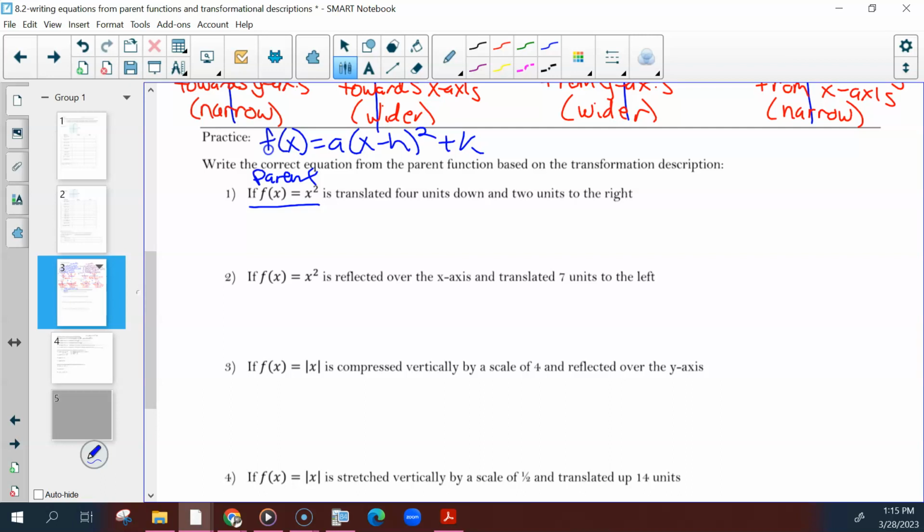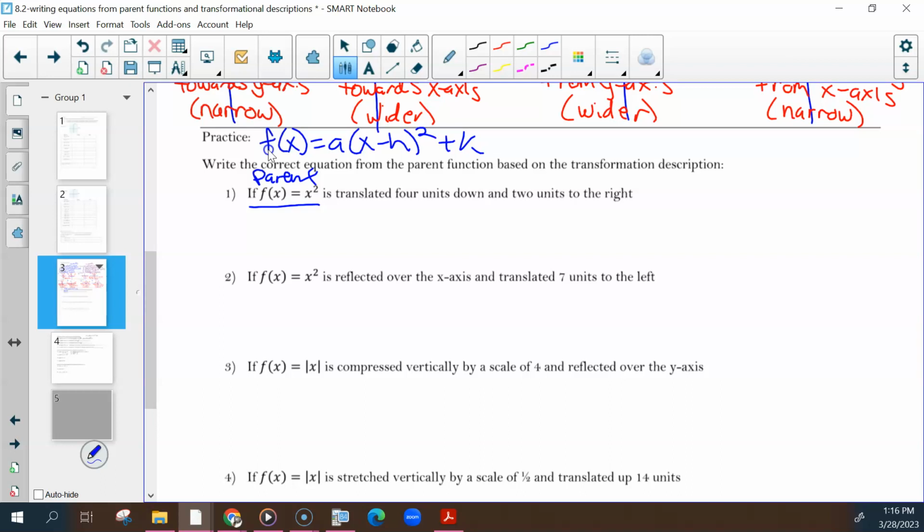When we get to 3, our parent function will change, so I'll change what our equation looks like, but we'll do that later. And then we're looking for transformation words. So the words we just talked about, translated or shifts, reflected, compressed, stretched. Do you see any of those words in the sentence?